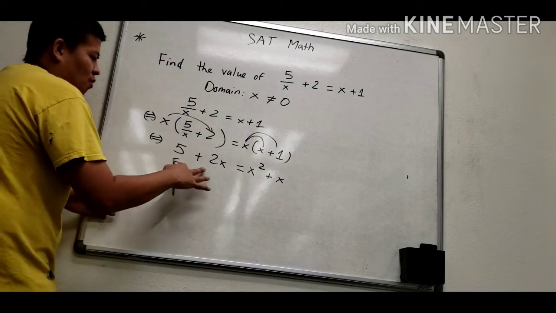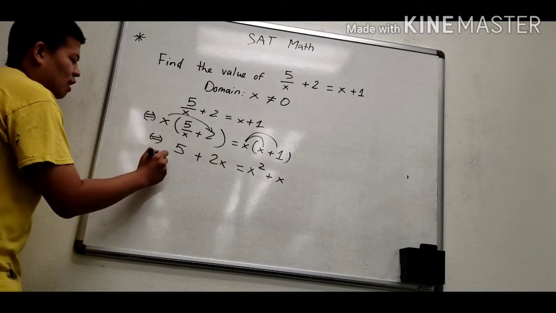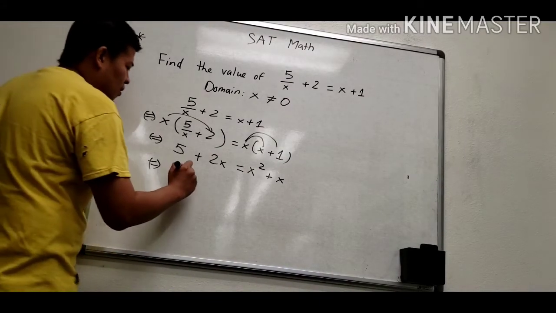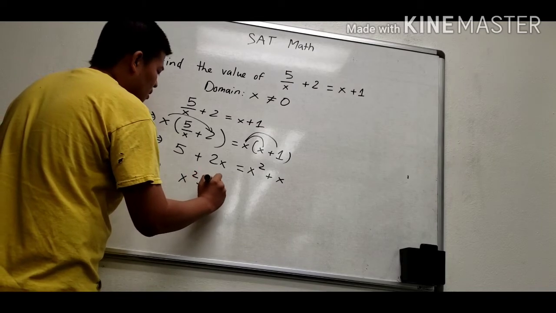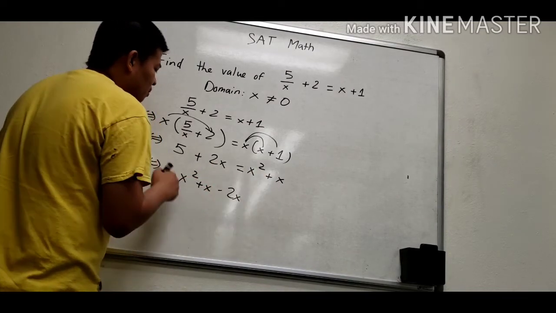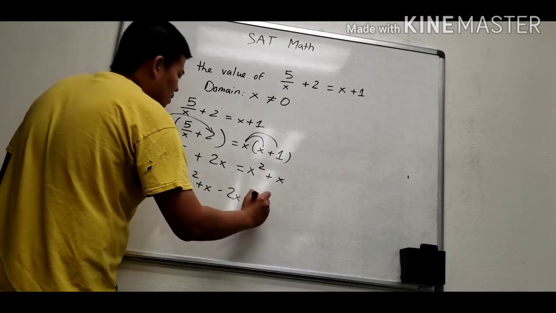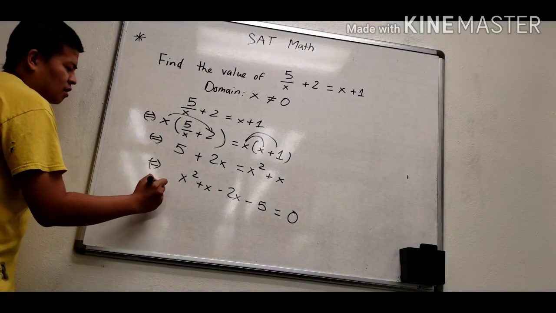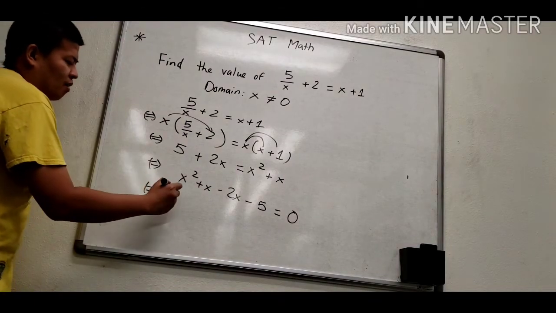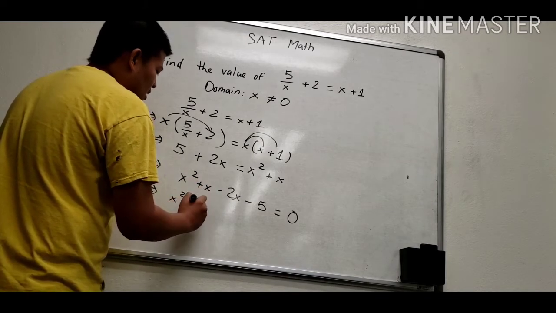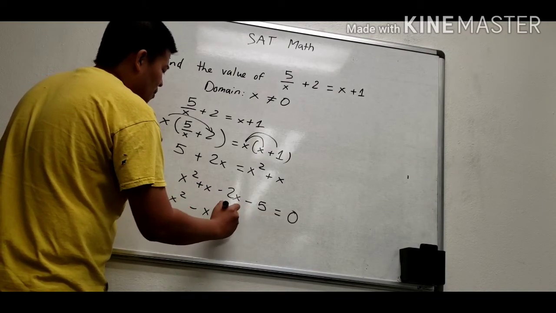Now we move everything to one side so that we create the quadratic equation. 2x goes across and becomes minus 2x. 5 goes across and becomes minus 5. We have x power 2, and x minus 2x gives minus x, and we have minus 5.